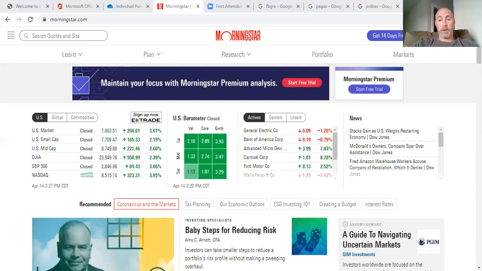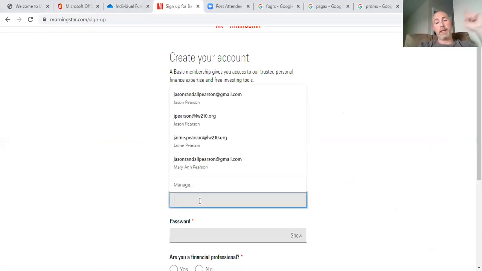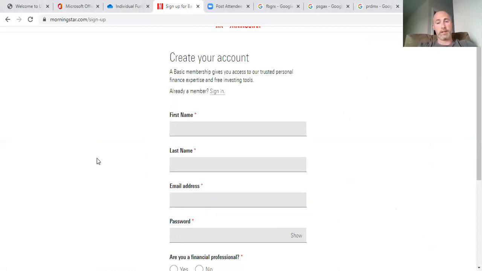And what I'm going to ask you to do first, this will take 2-3 minutes, is up here on morningstar.com, I want you to sign up for a free account. When you click sign up, like I'm about to click sign up, enter your information, first name, last name, email address. Do not use your Lincoln Way email. Use a different one.